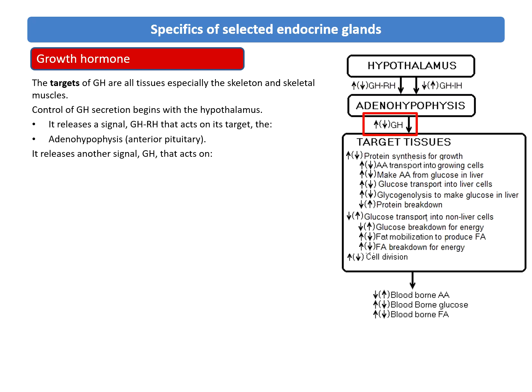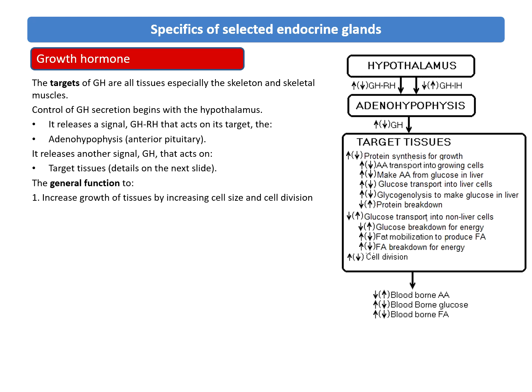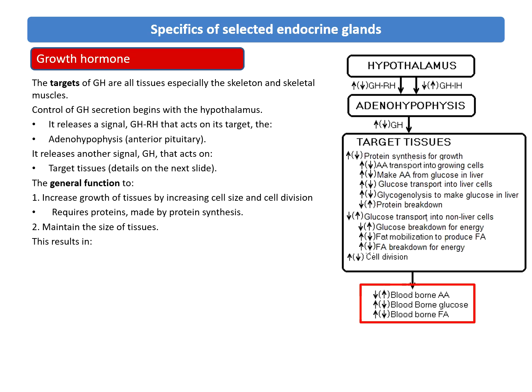It releases another signal, growth hormone, that acts on its target. We'll describe the targets in the next slide. The general function of growth hormone is to increase growth of tissues by increasing cell size and cell division. It requires proteins, of course, made by protein synthesis. It also helps to maintain the size of tissues.